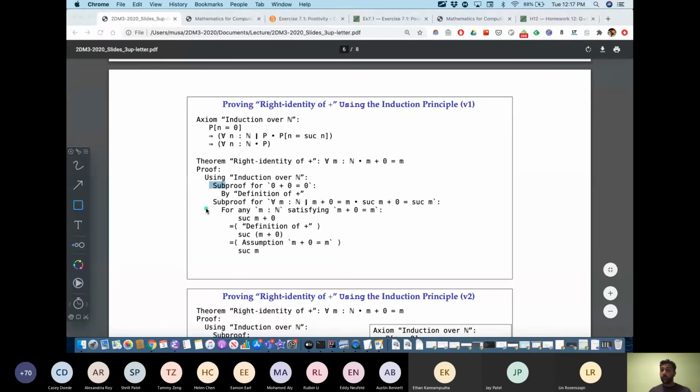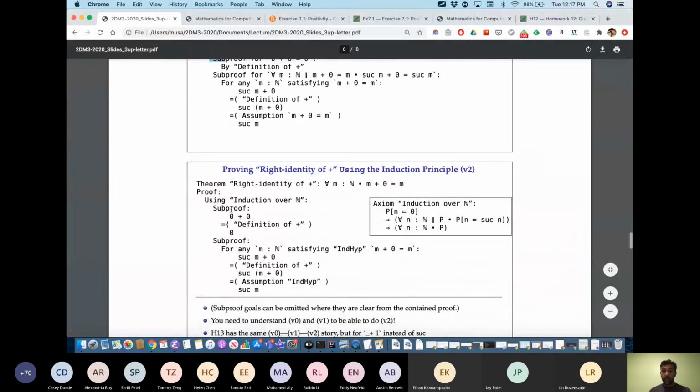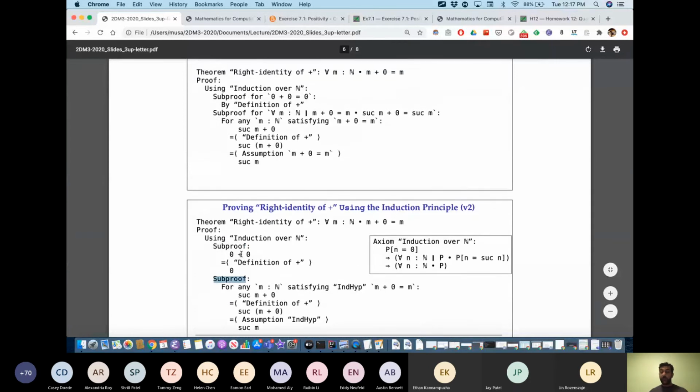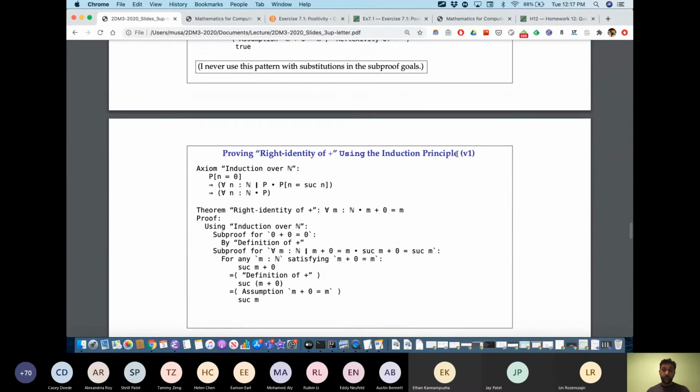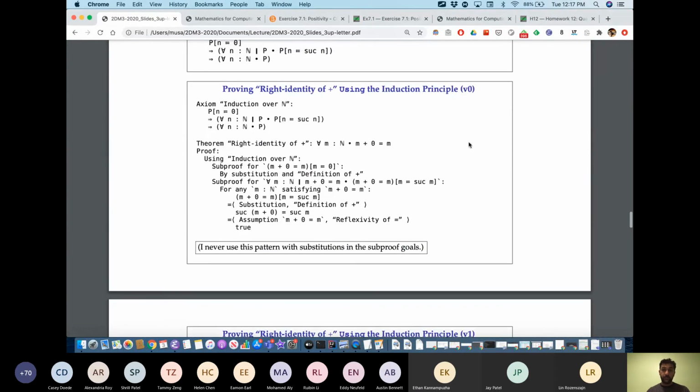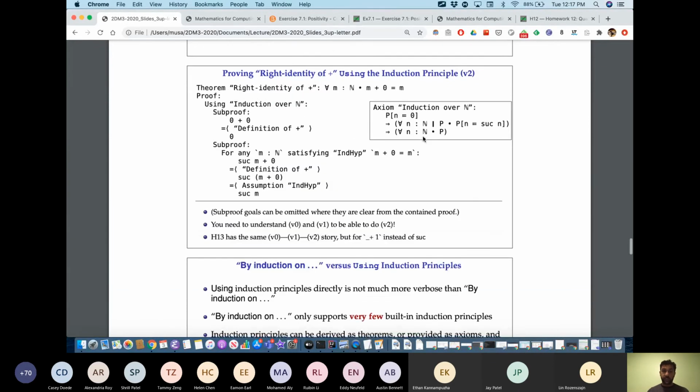Okay. Now to save you even more time, don't even write down the goal. Okay, don't even write down the goal, right? The subproof goal. This is super dangerous if you don't know what you're doing. So I labeled these V2, V1 and V0. Okay. So to actually use this last form, which will save you a lot of time, right?